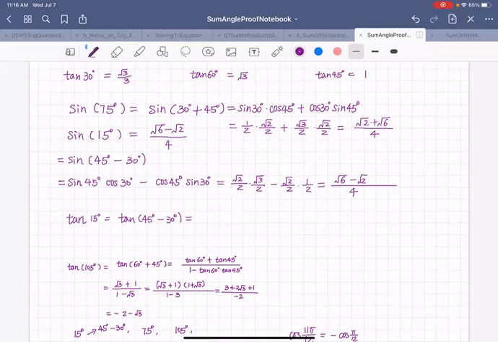So that would be tangent 45 degrees minus tangent 30 degrees. Okay, very good. Divided by 1 plus tangent 45 degrees times tangent 30 degrees. Very good, very good.